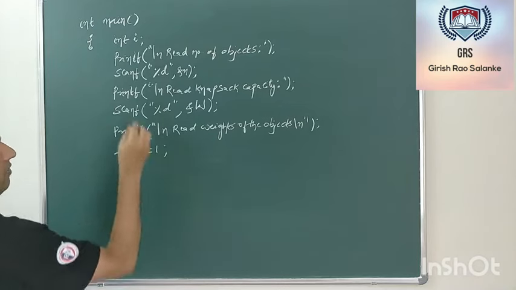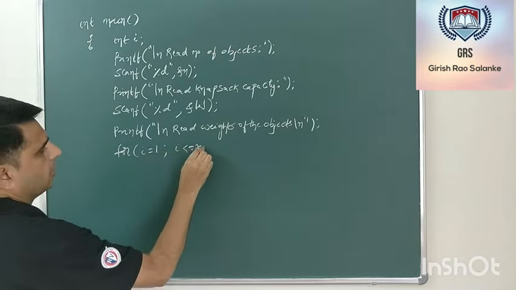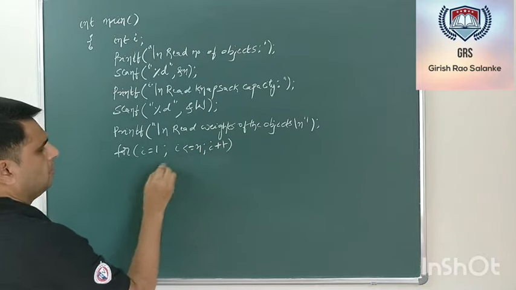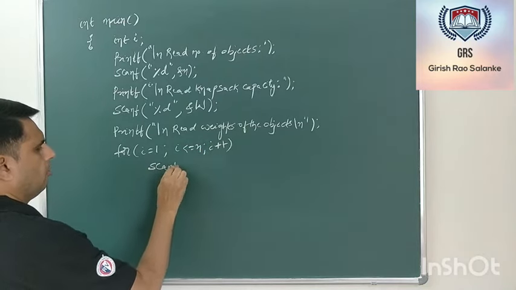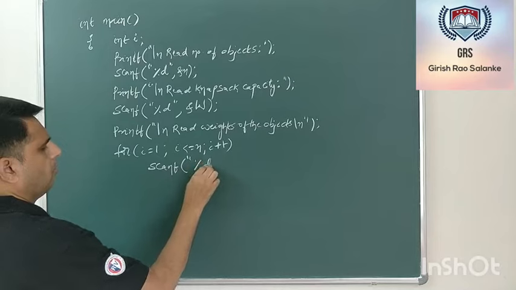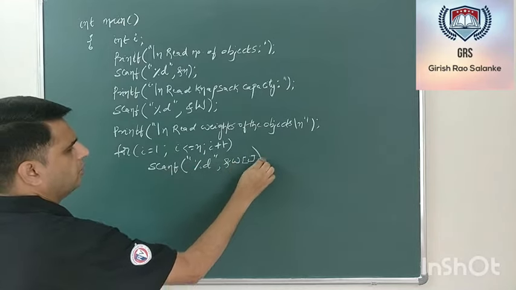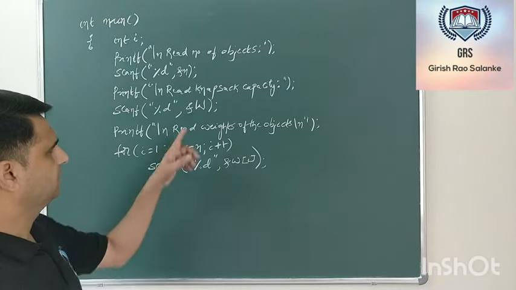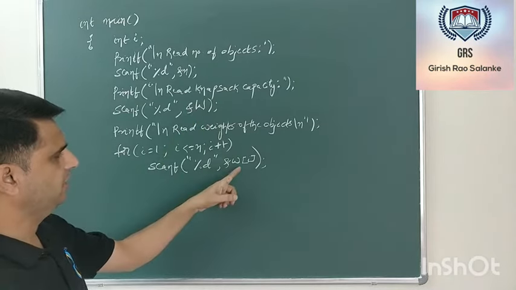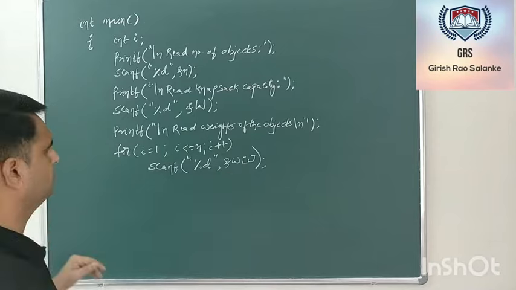This is the reason why I have declared the variable i within main. Ampersand of small w of i. Please don't get confused. This is capital W, which denotes the knapsack capacity. Small w denotes the weights of the objects.